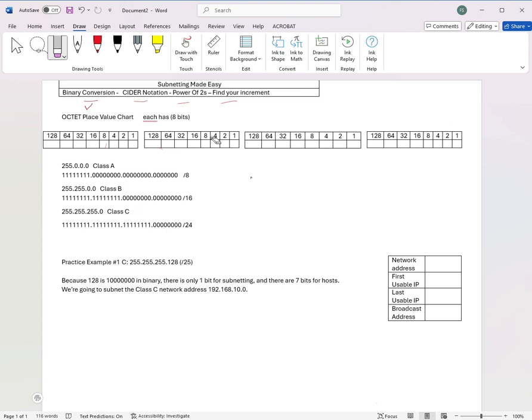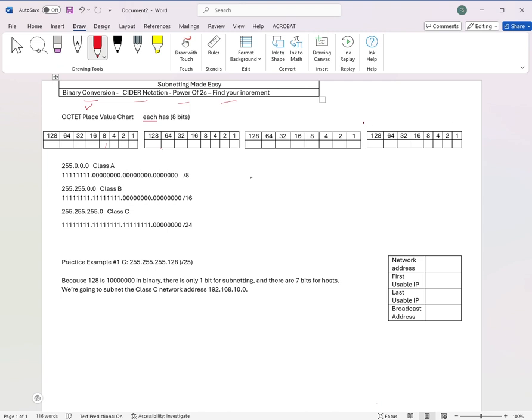Why is binary based on the power of 2? Because each bit doubles the number of possibilities. That's why our chart is 128, 64, 32, 16, 8, 4, 2, 1. Each one is just 2 raised to a power.